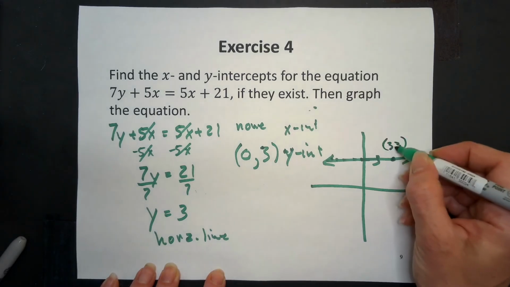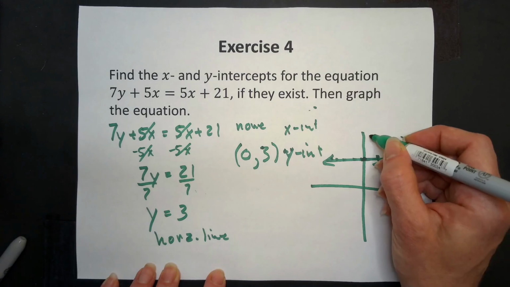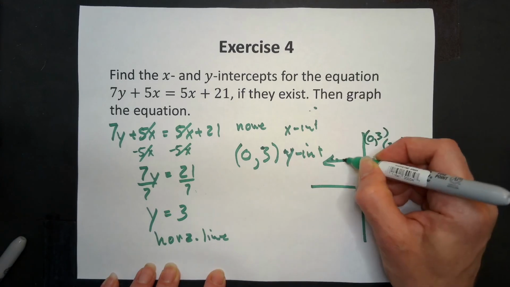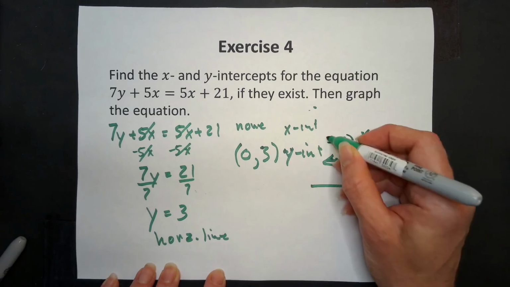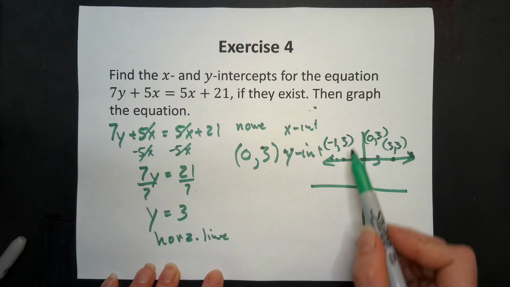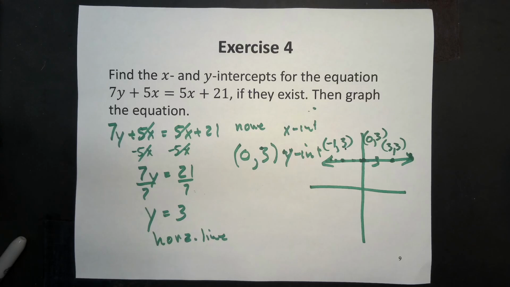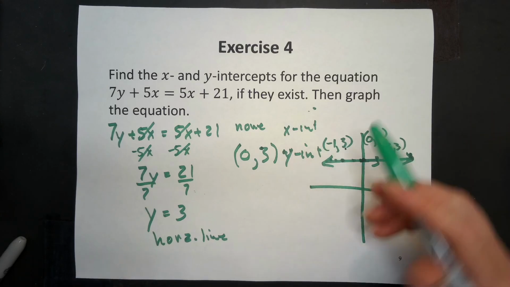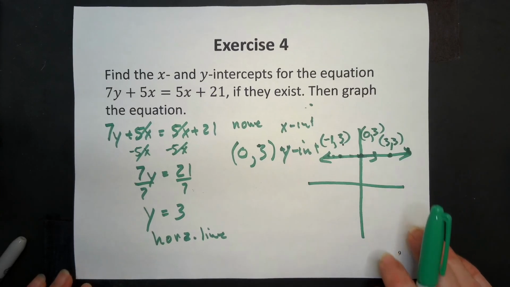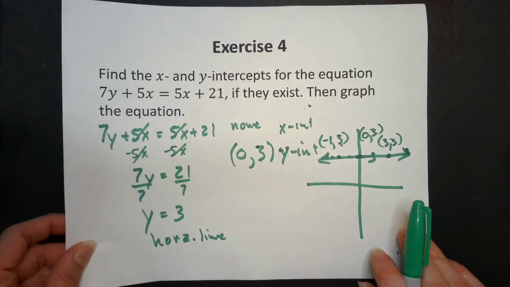This is (3, 3). This is (0, 3). This is (negative 1, 3), and so forth and so on. There's no way to make this y coordinate 0 to get me to cross the x-axis. So there'll be an option like none or something for when it asks for x and y intercepts of horizontal lines. That's it for this lesson. Hope you all have a good one.